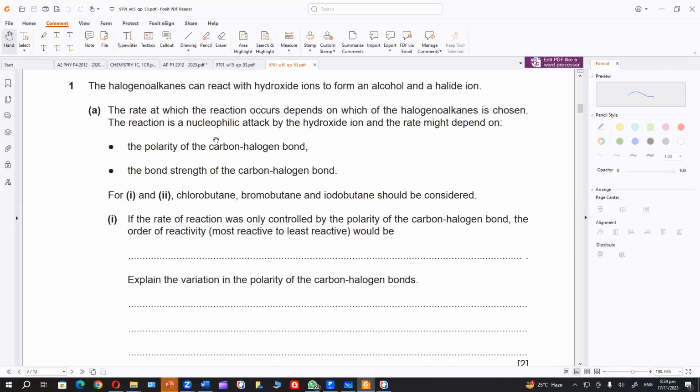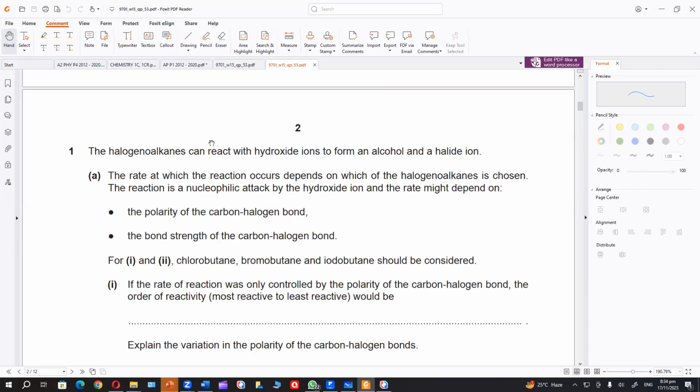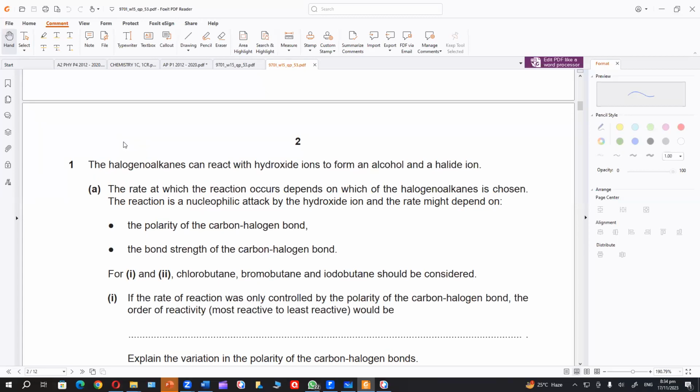In our AS chemistry, this topic was there. In a halogenoalkane, the carbon halogen bond is polar like this. Carbon halogen bond is polar.